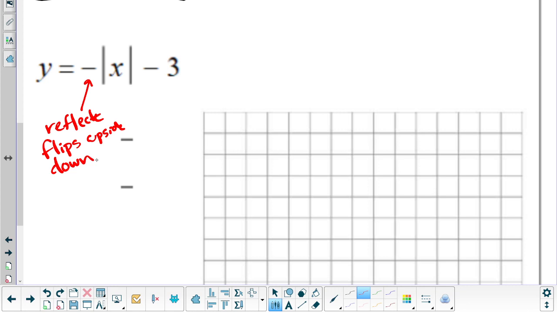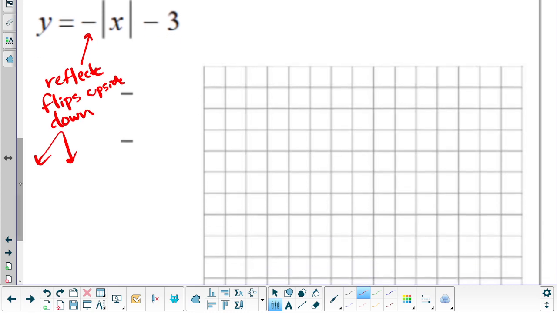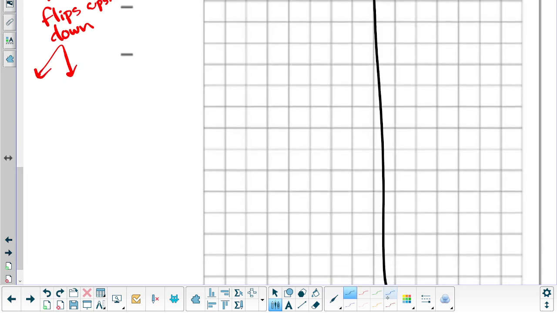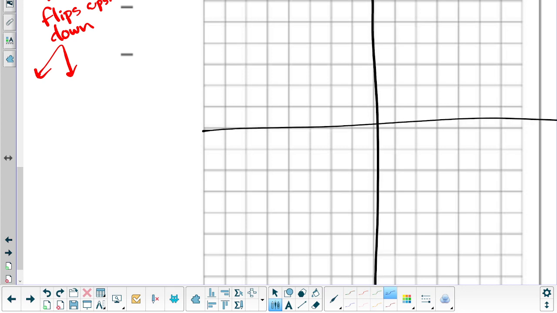Okay, it takes everything and flips it upside down, meaning that your V is going to point downwards. And so really the two things that are happening is I flip upside down and I go down 3. So this is my axes. I'm going to start originally here, but I'm going to shift 3 down and point both lines down.